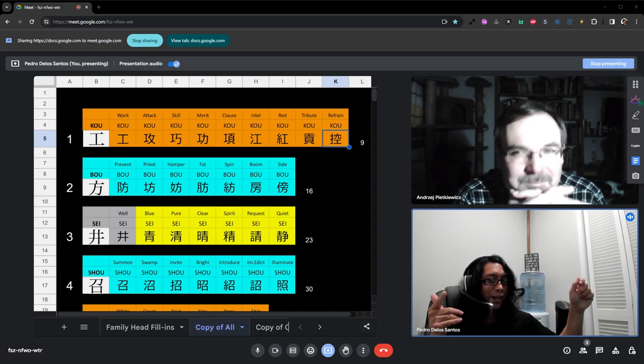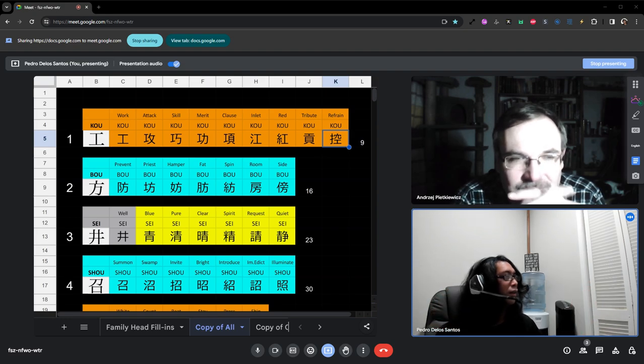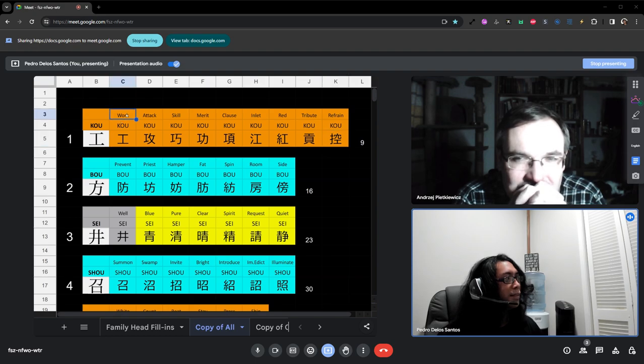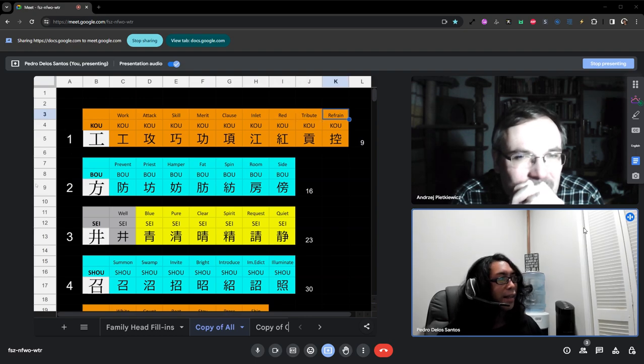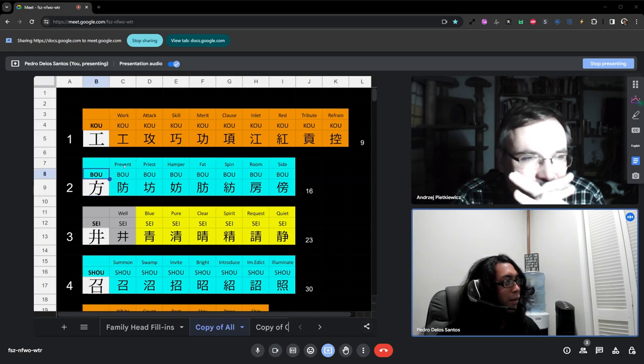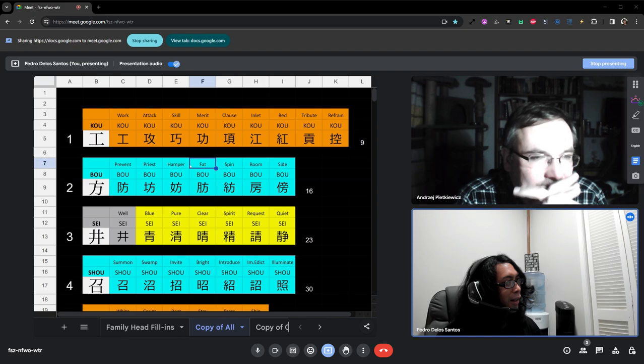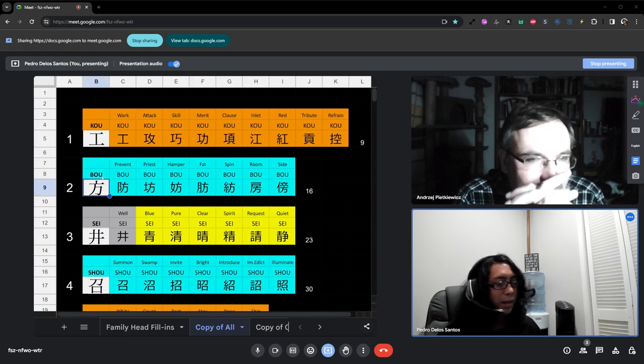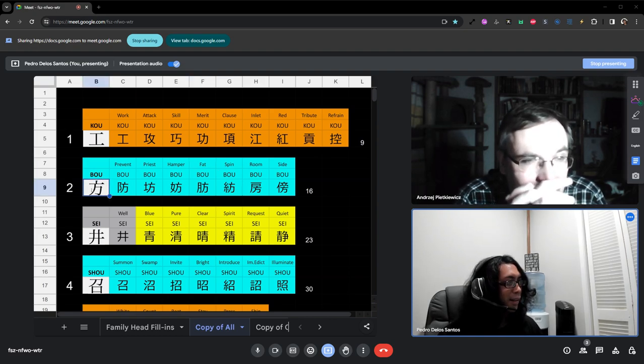So you're refraining from letting go of the arrow. So all of these connect: work, attack, skill, merit, clause, inlet, red, tribute, refrain. And that's how all of these other kanji are as well. With this kanji family, we have bow, and all of these words relate to this idea, this kanji family, this head.